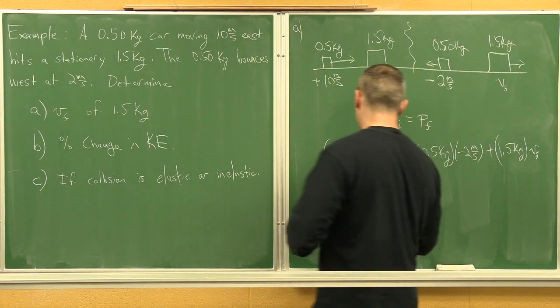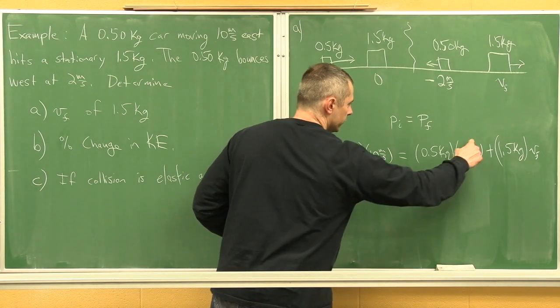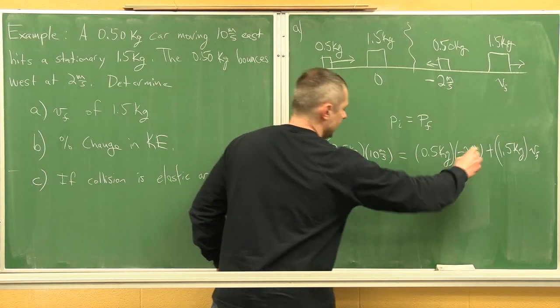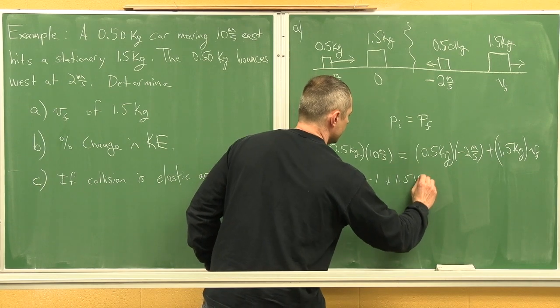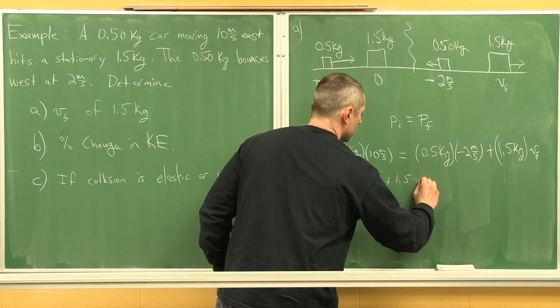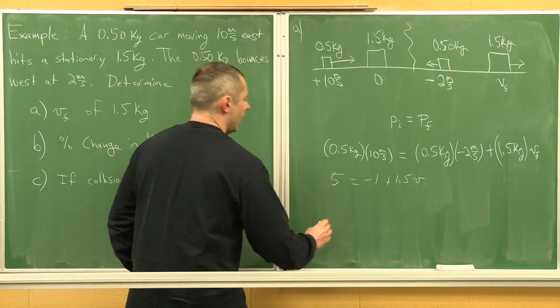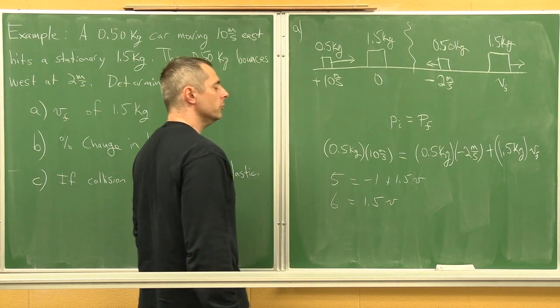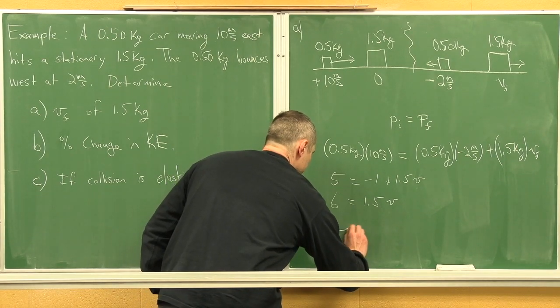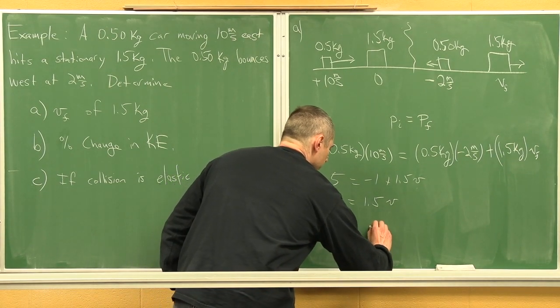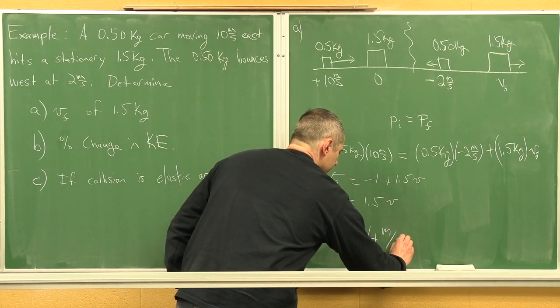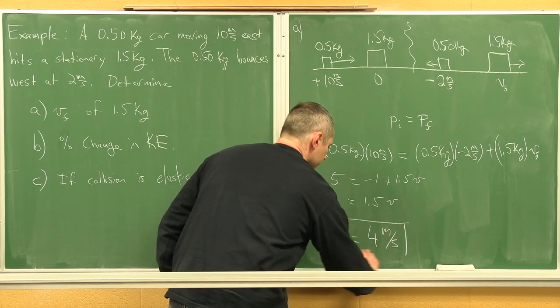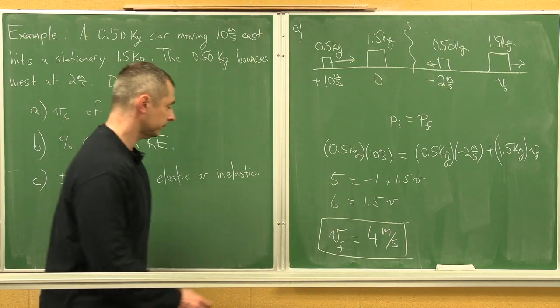So this is 5, this is negative 1, and that's 1.5 v. Add 1 to both sides, we get 6 equals 1.5 v. Divide both sides by 1.5, and you get v final equals 4 meters per second. Okay.